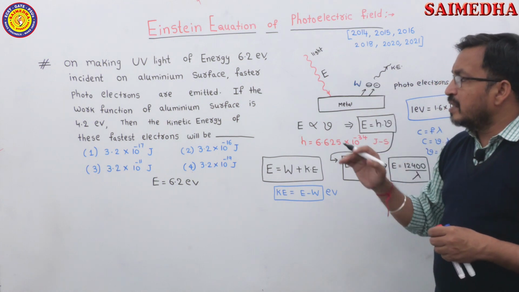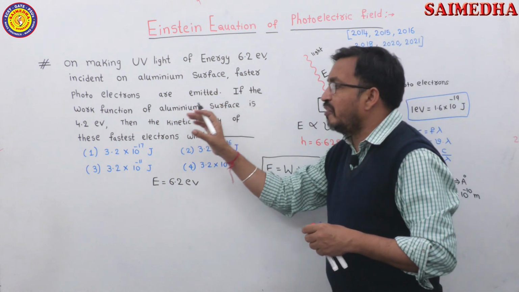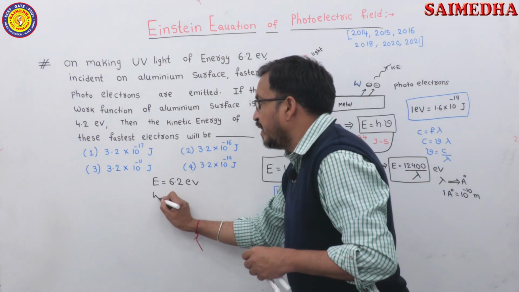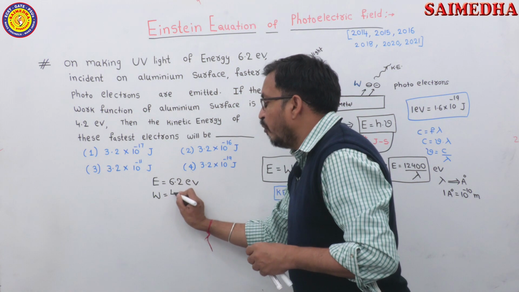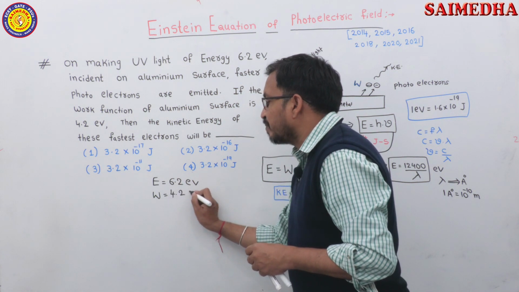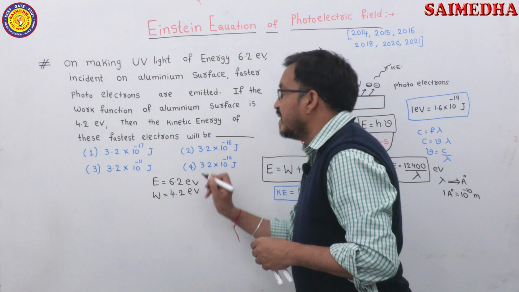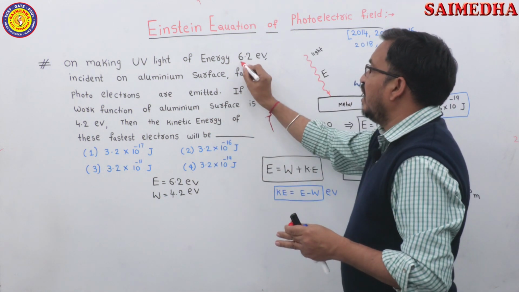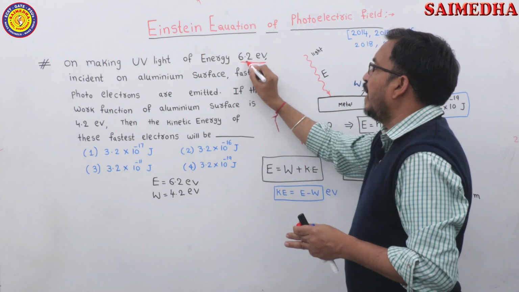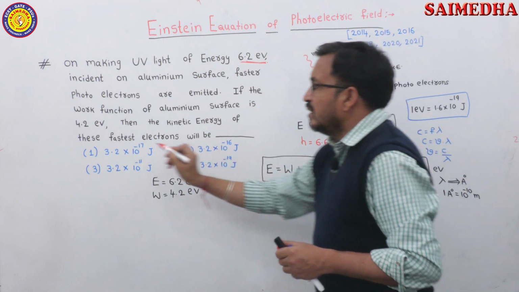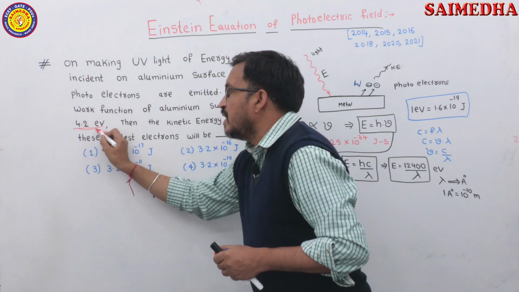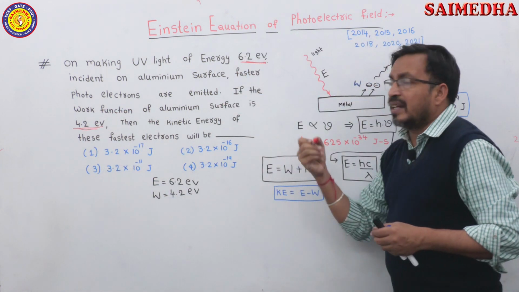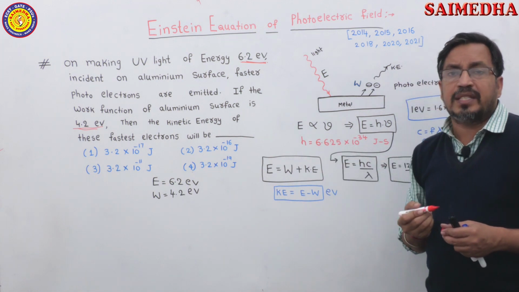The work function of the aluminum surface is given as W equals 4.2 electron volts. This 6.2 is the energy of incident light, and this 4.2 is the work function. Then what is asked? The kinetic energy.